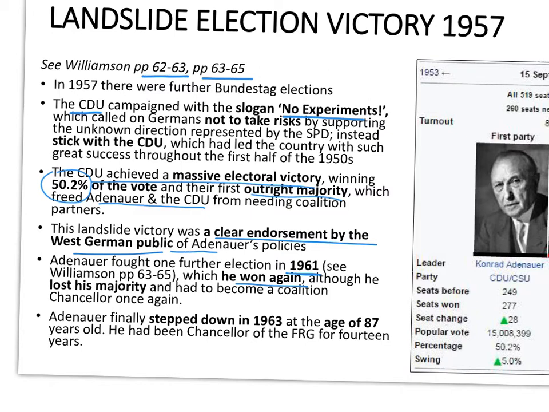But in 1961 they lost their majority. They still were the most popular party by a long way, but they did lose their majority, and so Adenauer had to rebuild a coalition with the FDP again in 1961. Adenauer finally stepped down in 1963 at the age of 87 years old. He'd been Chancellor of the FRG for 14 years to that point.